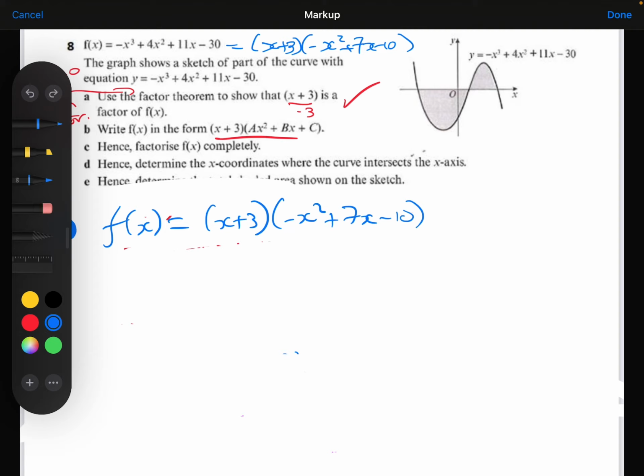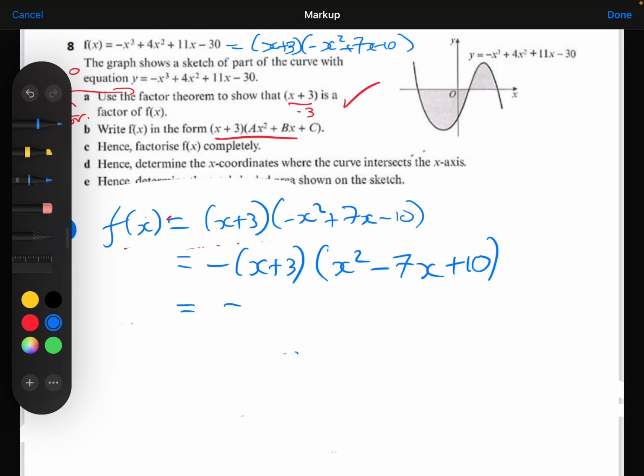So what I'm going to do is I'm going to factorize a minus outside of this just to make my life a little bit easier. So if I factorise a minus outside of this whole thing, that will make this become a plus x squared. This will become a minus 7x, and this will become a plus 10.